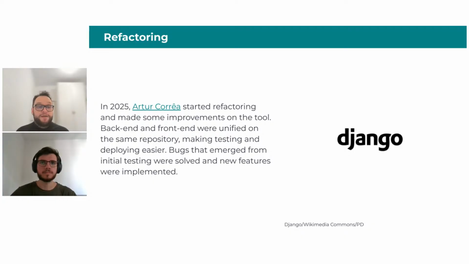The Quick Statements 3.0 project ended by the end of 2024, and we onboarded Artur into our team in Wikimedia Brasil. And by the beginning of 2025, Artur started refactoring and made the improvements on the tool.